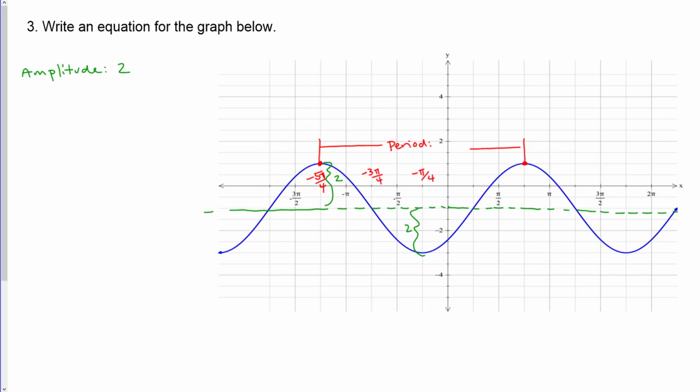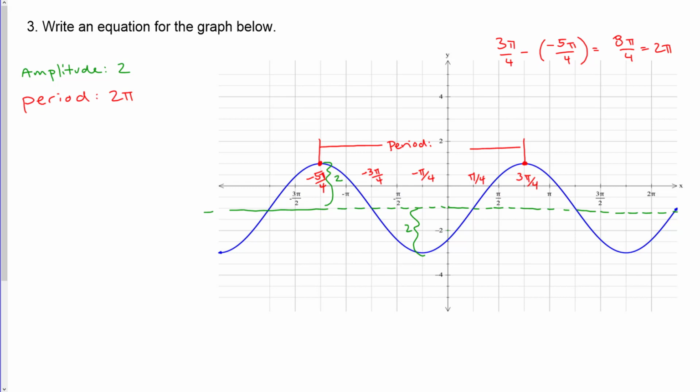Then this point this way, if this is π/4, this would be 3π/4. So basically, if I took 3π/4 minus -5π/4, that gives me 8π/4, which is 2π. So that means my period is still 2π. So there's no change to the period.